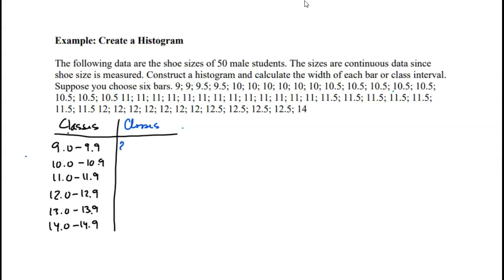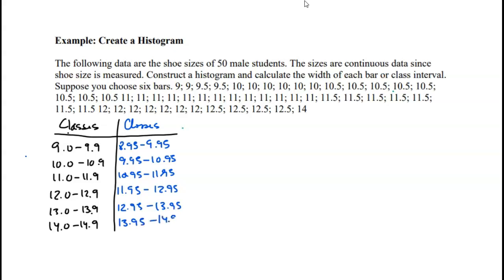So here I'm going to go from 8.95 to 9.95, and here it's 9.95 to 10.95, and 10.95 to 11.95, 11.95 to 12.95, and 12.95 to 13.95, and 13.95 to 14.95. That's how you make them touch each other. Okay?